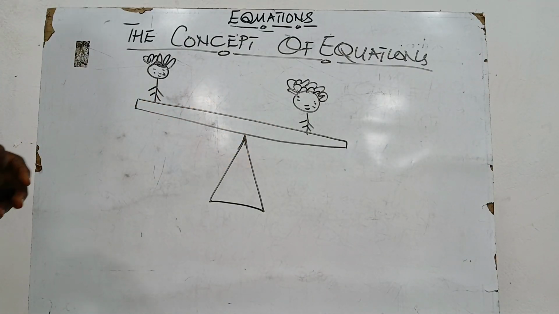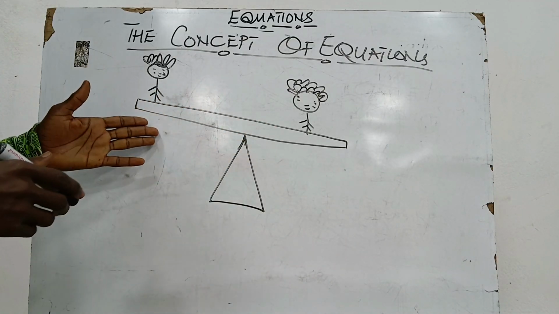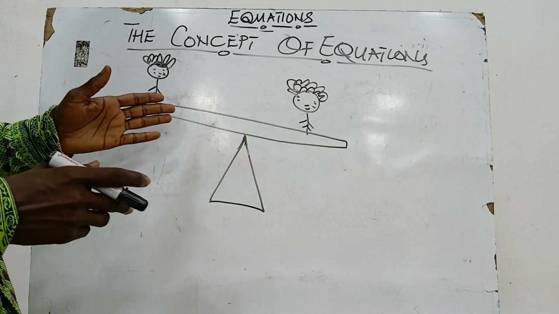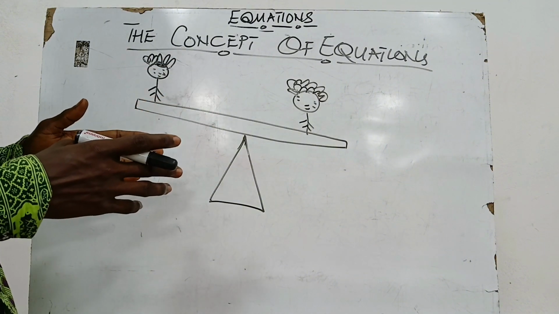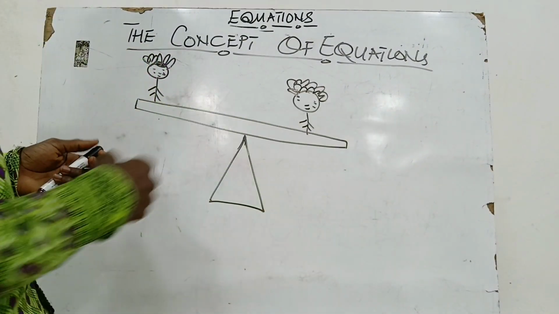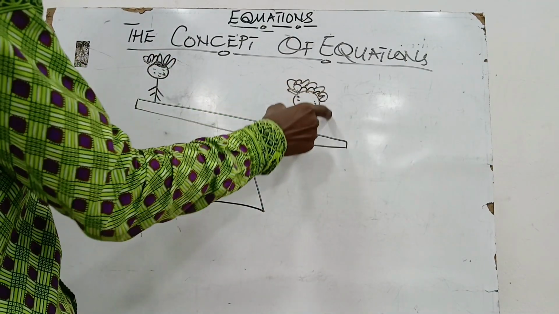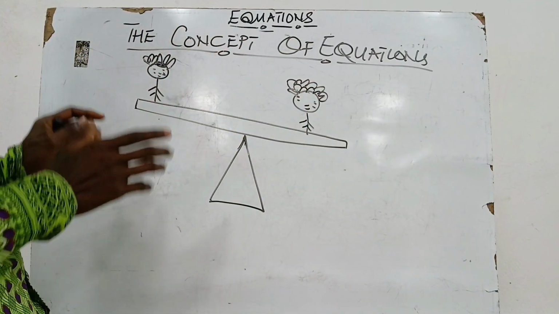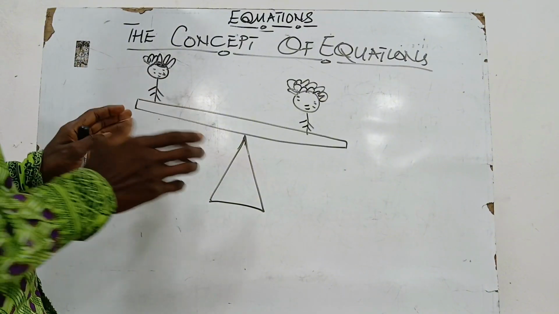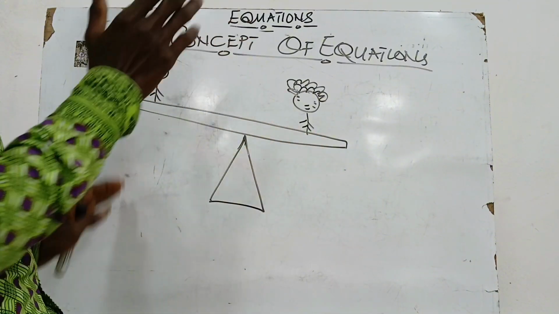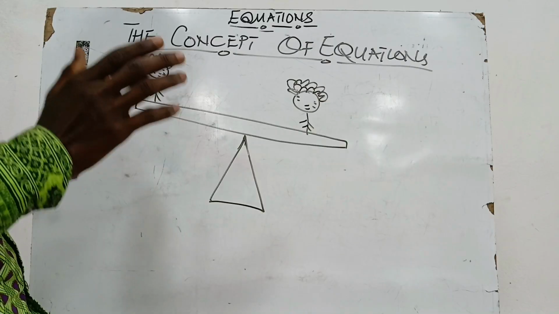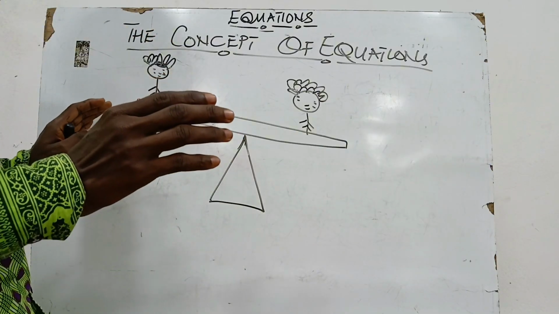Now, if you look at this, you realize that it is not tilted to one side. It is balanced. That is to say that this person's weight is the same as this person's weight. So, because of that, everything is balanced. And that is the concept of equations.